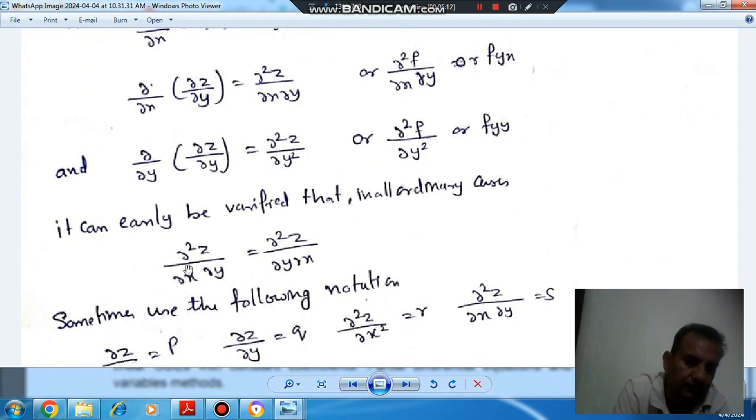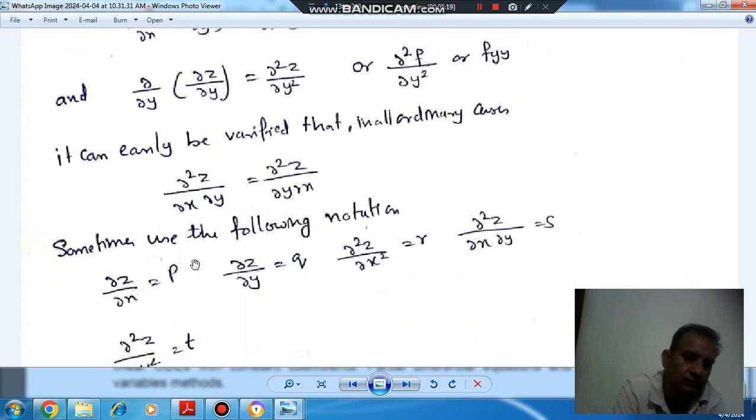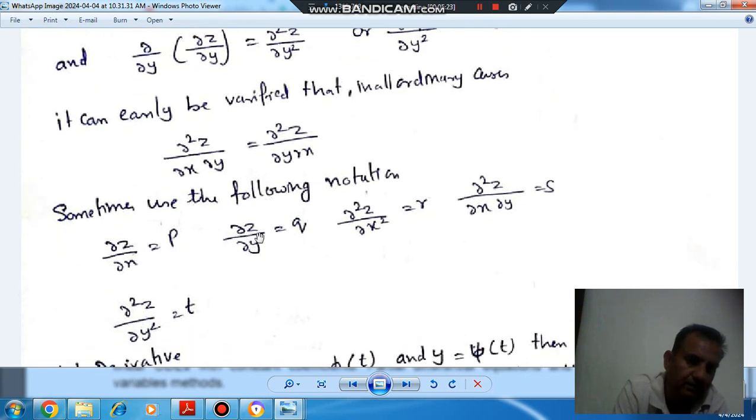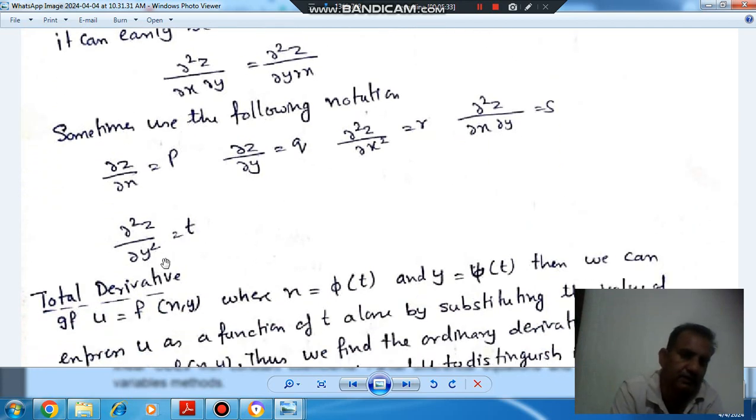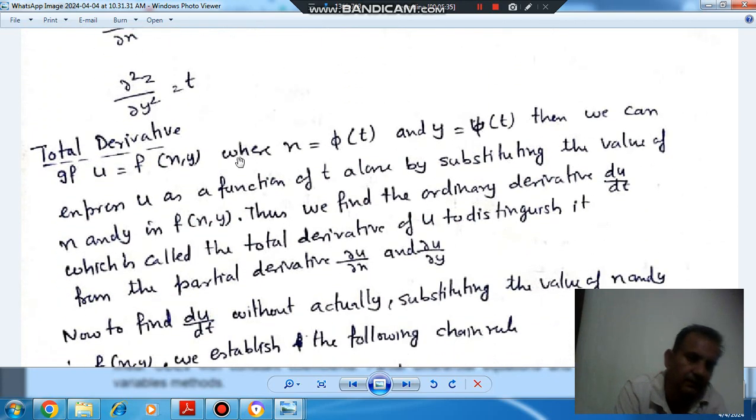Now these symbols are used: curly z by curly x is p, curly z by curly y is q, curly square z by curly x square is r, curly square z by curly x curly y is s, and curly square z by curly y square is t. So these are the symbols.